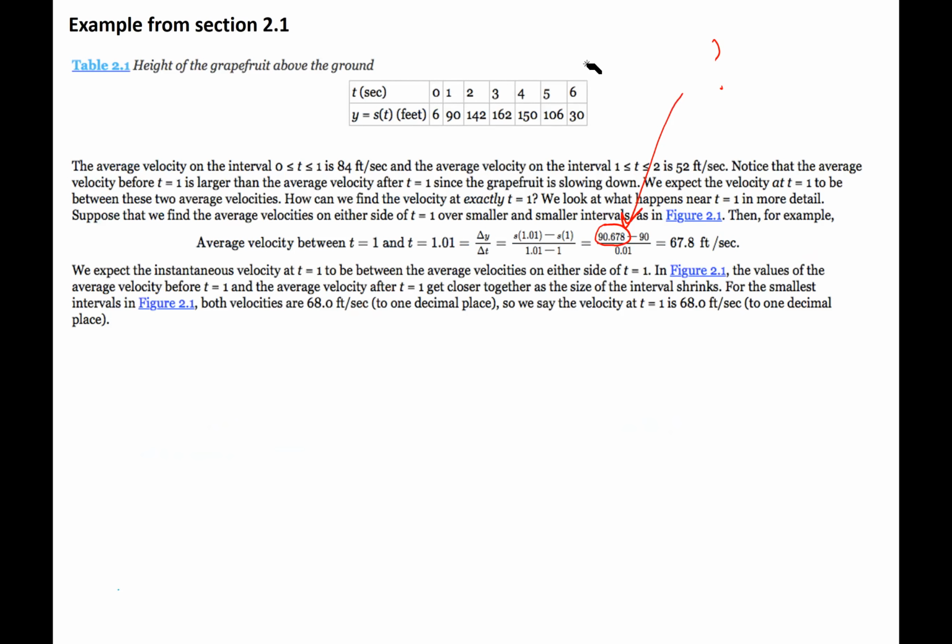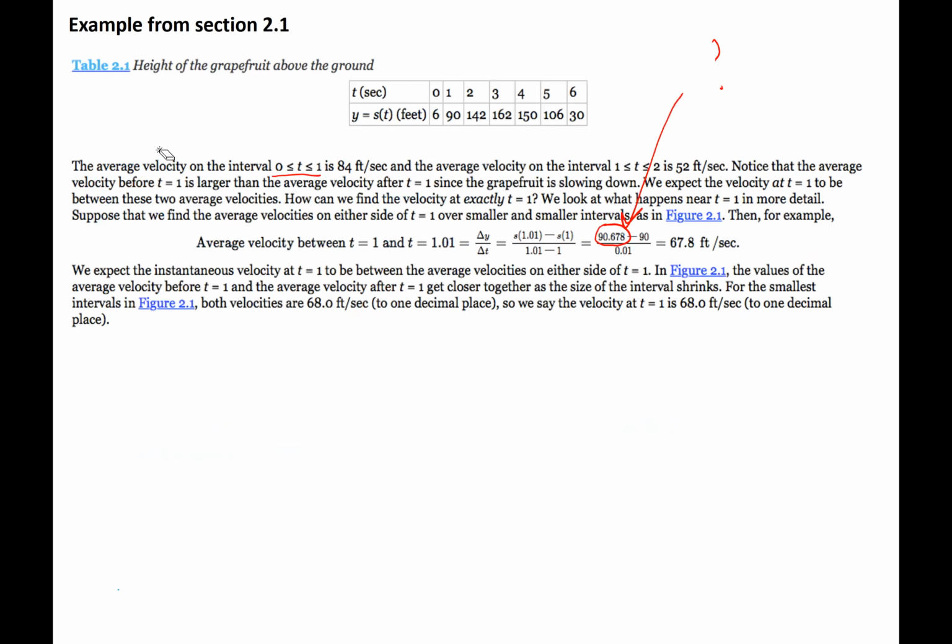Time is in seconds, 0, 1, 2, 3, 4, 5, 6. And then we have the corresponding heights, 6 feet, 90 feet, 142, and so on. We have time and the corresponding heights. Now, we're asking for the average velocity, first of all, on the interval from 0 to 1. No problem.